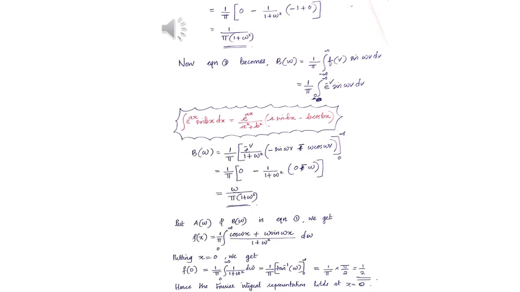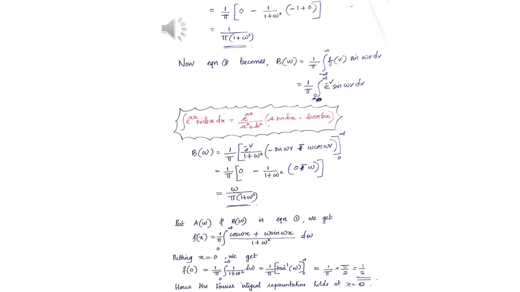Here also the upper limit is infinity, so the upper limit part is 0. Then we have only the lower limit part: minus 1 by 1 plus omega square into 0 minus omega, because sine 0 is 0 and cos 0 is 1. That's why we got minus omega. So the answer is omega divided by pi into 1 plus omega square.